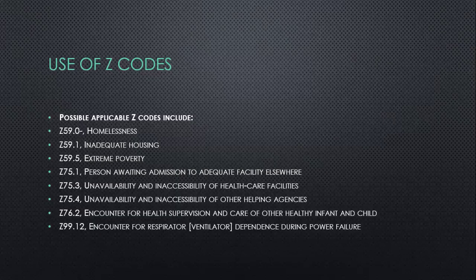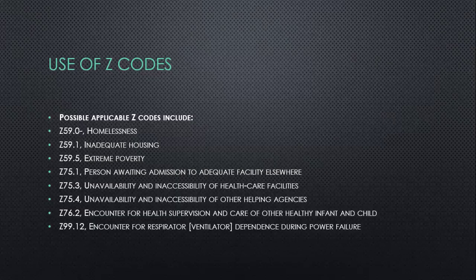And there are other encounters for, say, supervision of a healthy infant or child, or if the patient comes to the visit that day and they're just having a yearly physical or an annual wellness exam if they're Medicare and they're healthy and there are no abnormalities detected. There are specific Z codes for that. There is immunization status for when the patient is just being seen for, say, a flu shot.